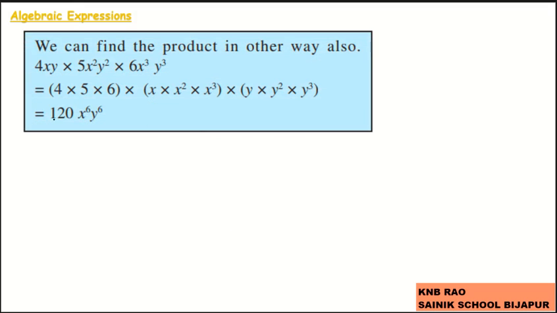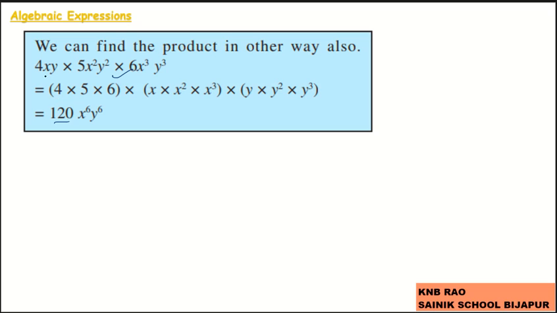Yes, there is an alternative. When you want to multiply 4xy into 5x square y square and 6x cube y cube, I will take all the numerical portions at a time separately and multiply them. 4 5s are 20, 20 6s are 120.